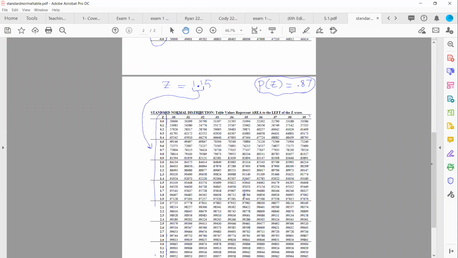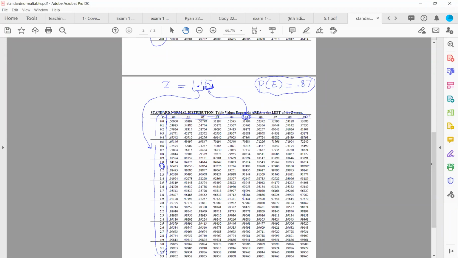You have to look for it. There is that. 1.1 is here. The second digit on the right-hand side of your decimal place is a number on the top row, 0.05.